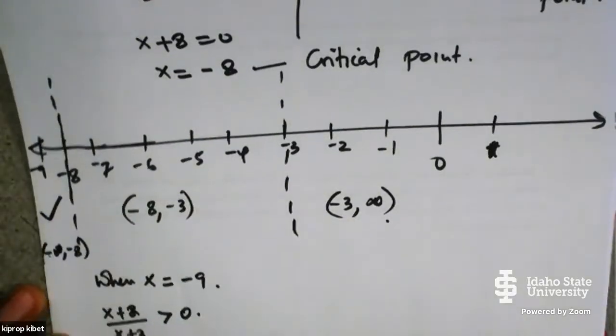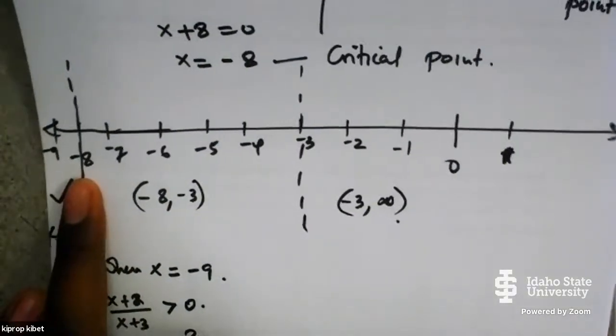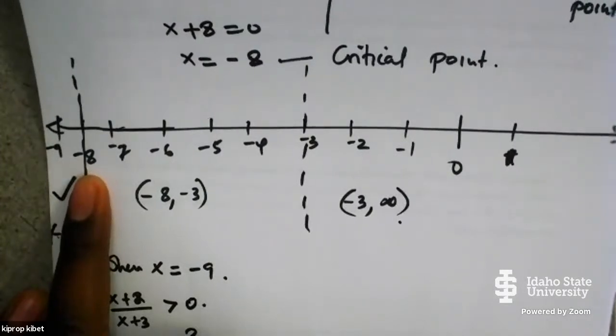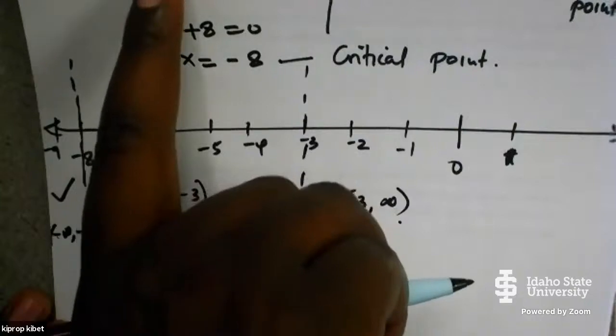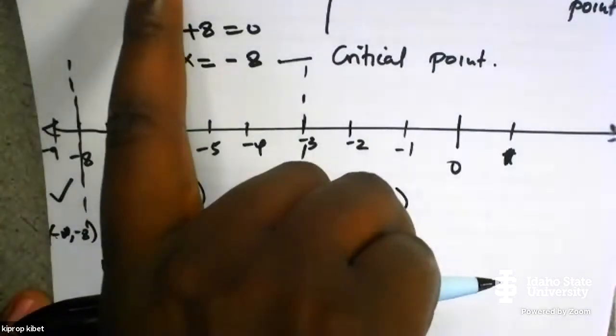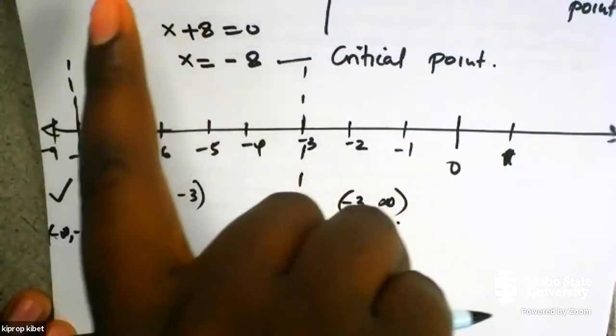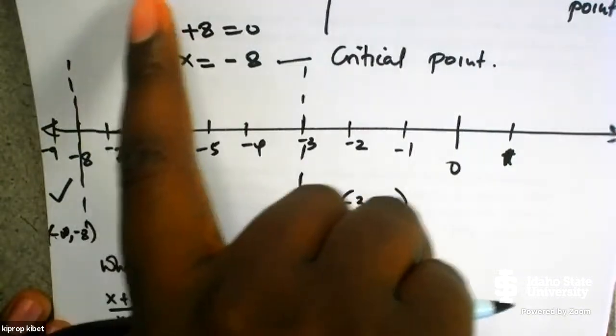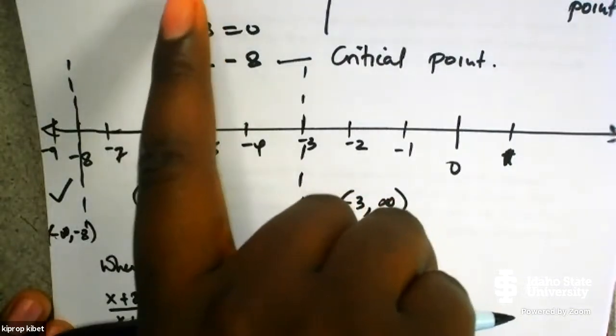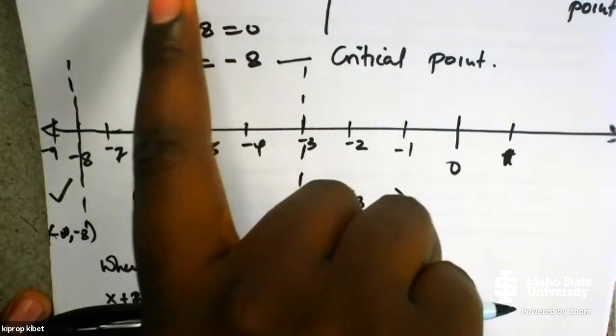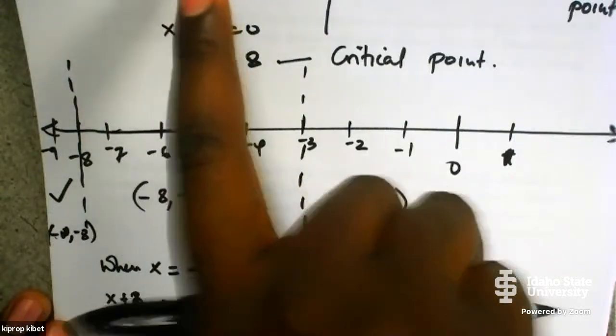So this region is good. Now, when x is minus 8, the numerator will be 0. Is 0 greater than 0?